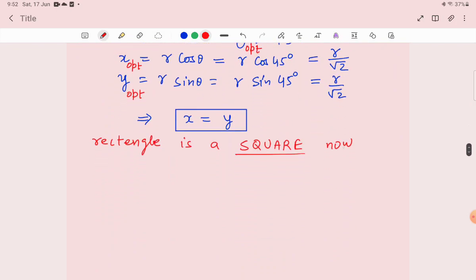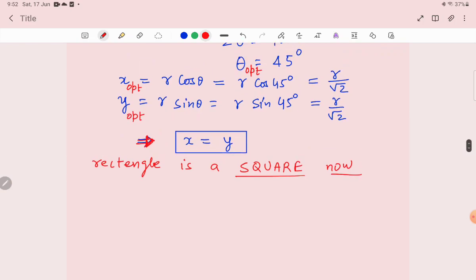So this problem can be solved by two methods. One of the methods is the differentiation method, which is a very long method, and this method is a very simple method, and also takes much less time. So one can use either method to solve this problem.